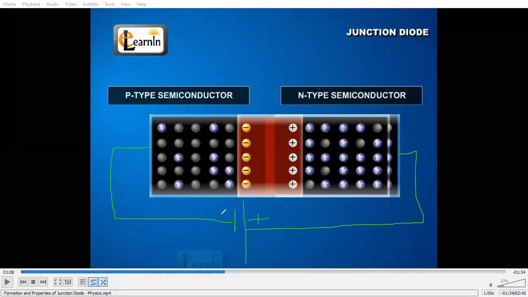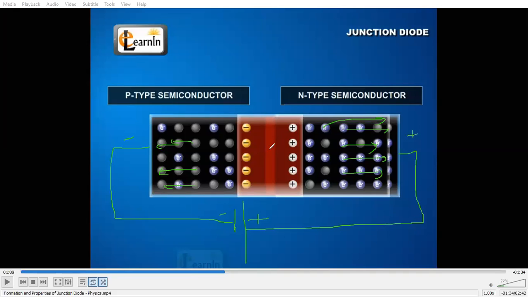So here becomes positive, here becomes negative. The electron will move to the right, and the positive hole will move to the left. That means the charges start to move further from each other. Instead of crossing over, they move further from each other.